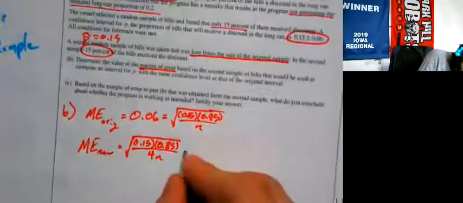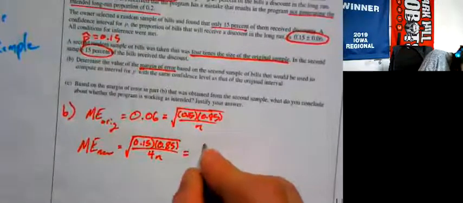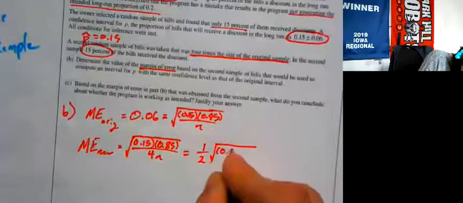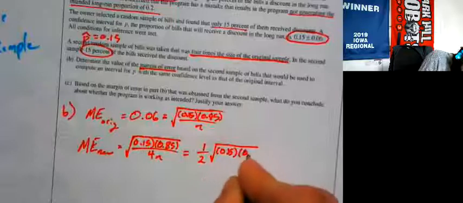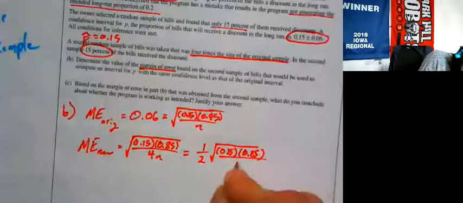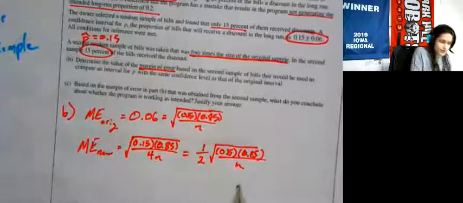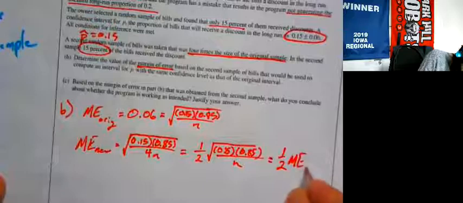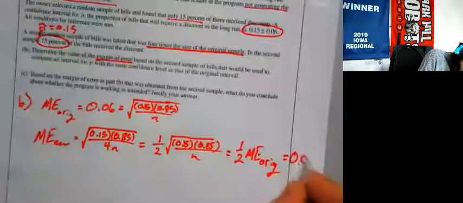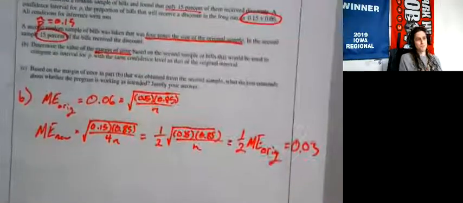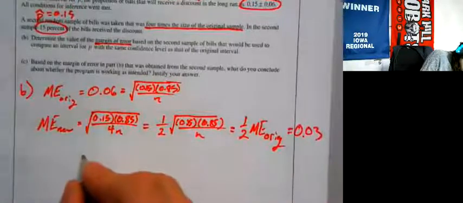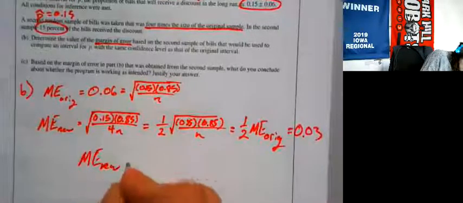I can pull that 4 out because the square root of 4 is 2, and so this becomes 1/2 the square root of 0.15 times 0.85 over n. Well, that's just the original margin of error. So that's 1/2 of the original. Half of the original margin of error is 0.03. Great. So that new margin of error is 0.03.